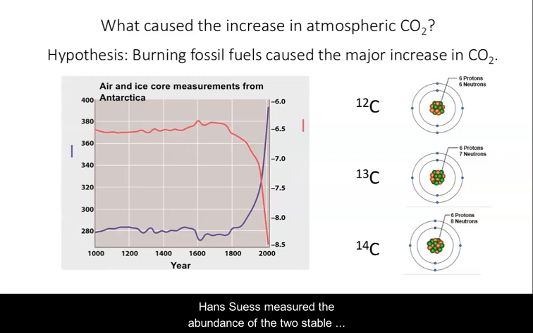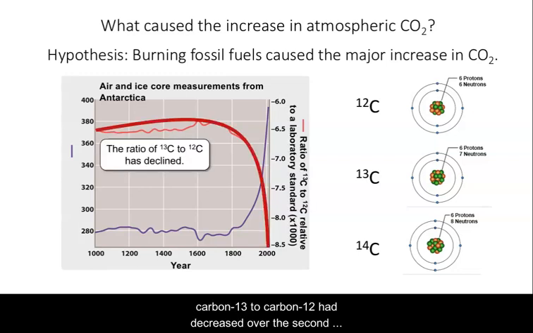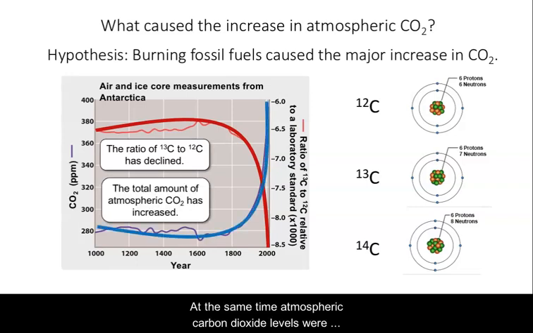So Hans Suess measured the abundance of the 2 stable isotopes, 13 and 12, and demonstrated that the ratio of carbon-13 to carbon-12 had decreased over the second half of the 20th century. At the same time, atmospheric carbon dioxide levels were increasing. So these results indicate that the carbon dioxide being added to the atmosphere has less carbon-13 than the carbon dioxide already in the air.